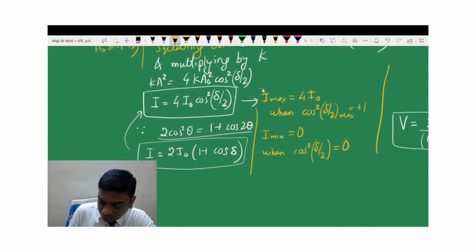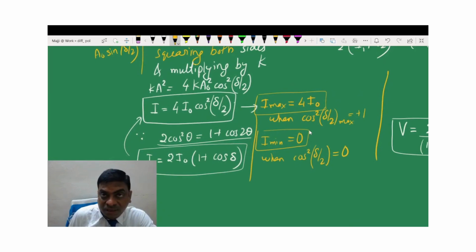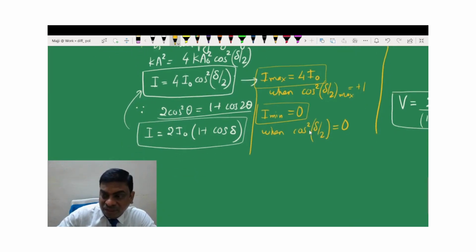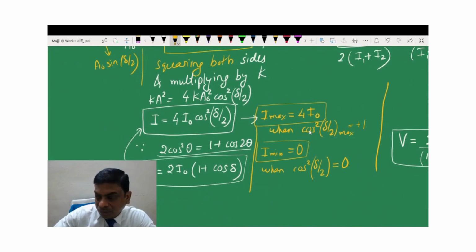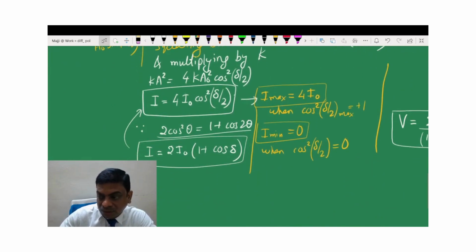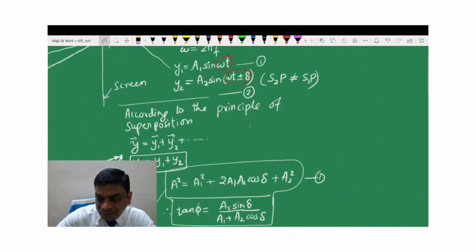So there will be perfect contrast amongst the different fringes, bright and dark fringes. I hope that is clear, students. Is it clear? Right. So now what we'll do is that we will stop here. Right. Thank you.